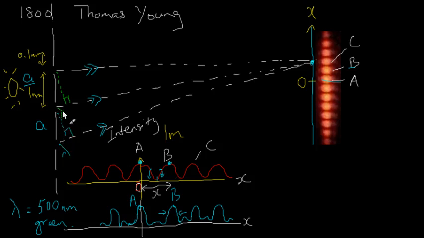The peak from one slit will always meet the peak from the next slit, but in between fringes, the more slits you get, the more cancellations you will have. So in between peaks, the brightness will get smaller and smaller. And as a result, each peak or each fringe would get narrower and narrower.